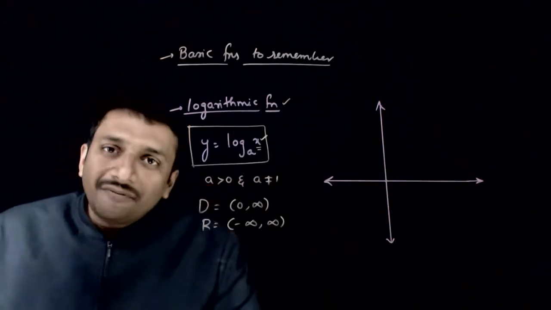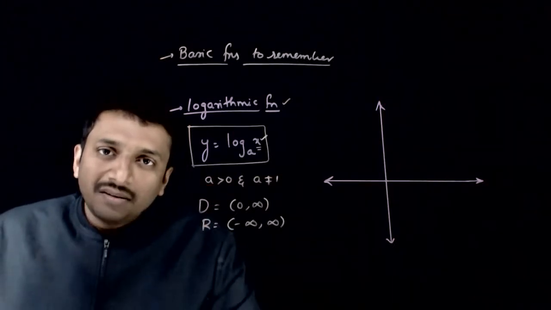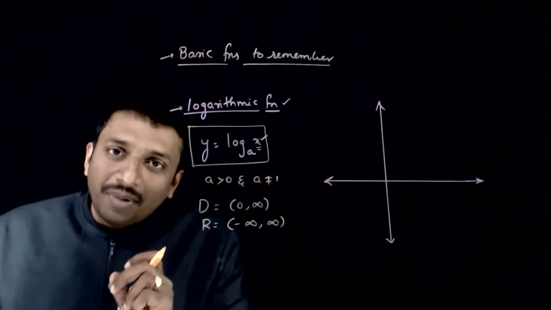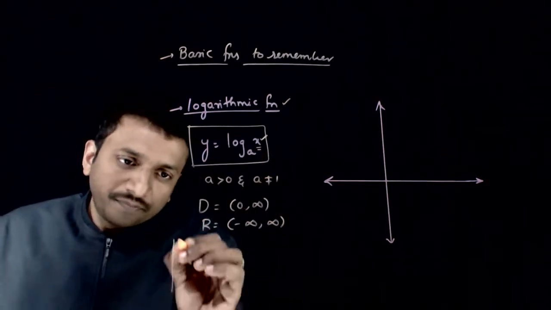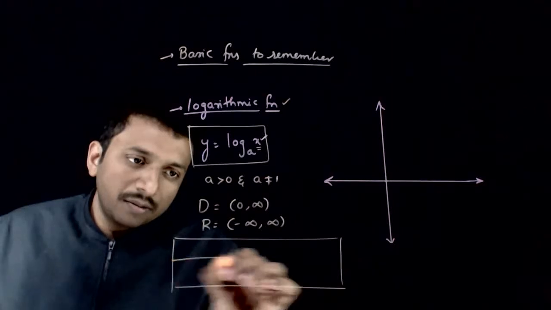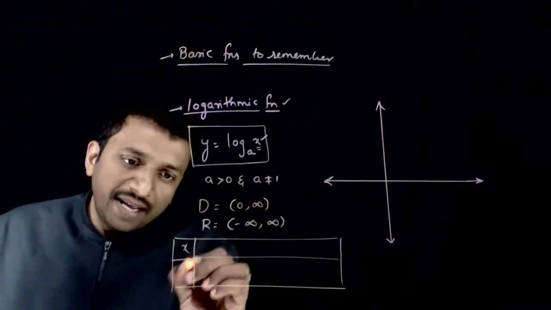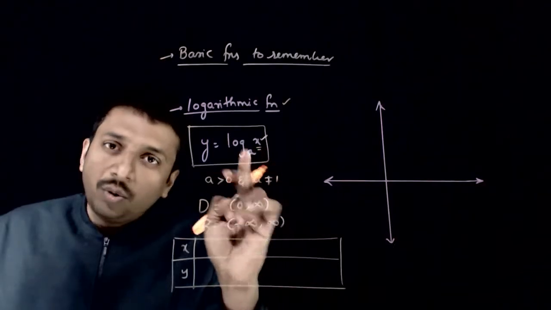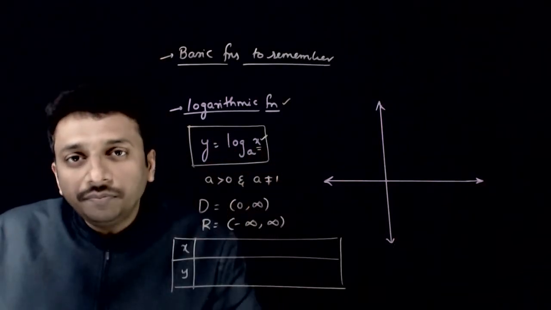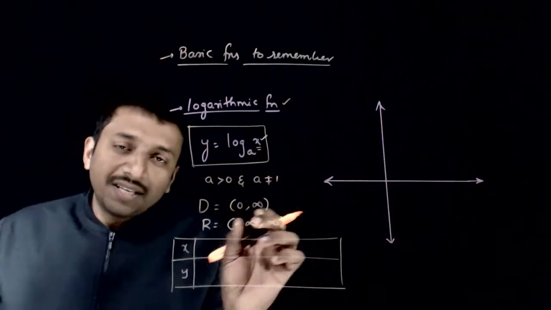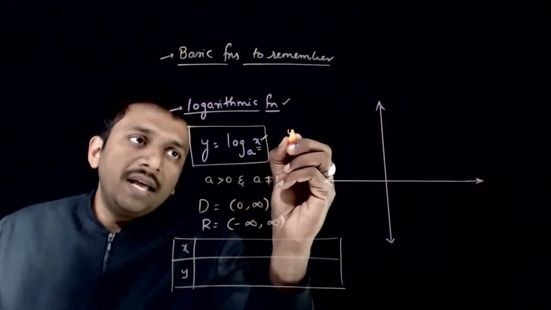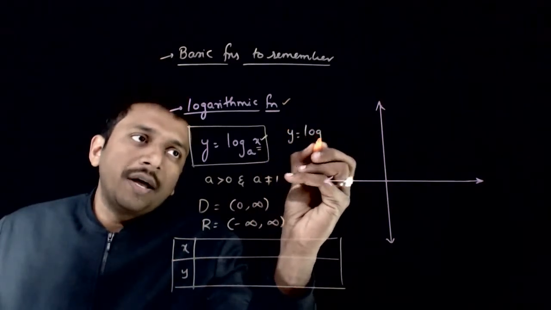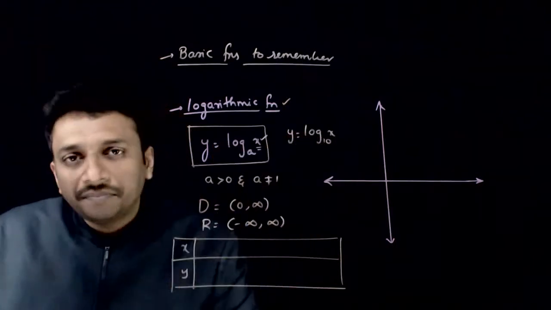So how does the graph of the logarithmic function look like? Let us draw a sample table of x and y. So let this be x and let this be y. We know that log 1 to any base is equal to 0. So let us take a sample function, y is equal to log x to the base 10.